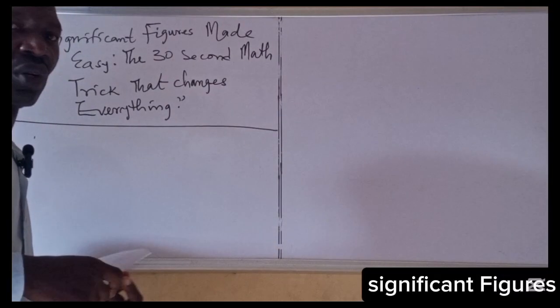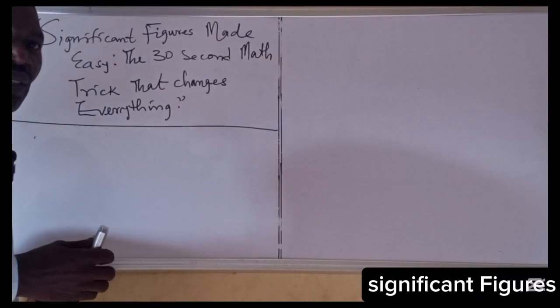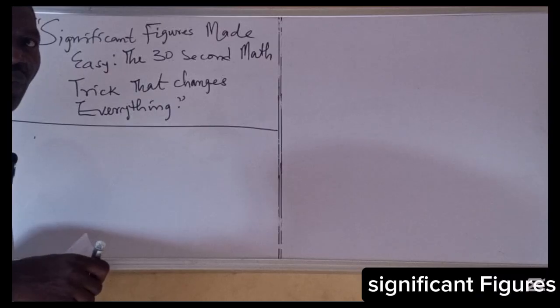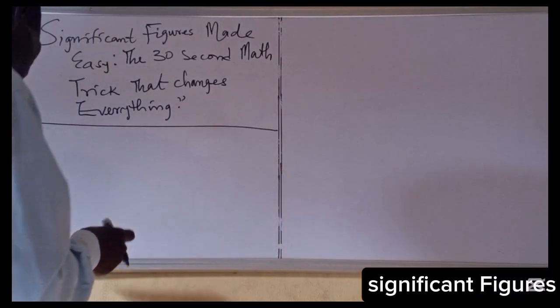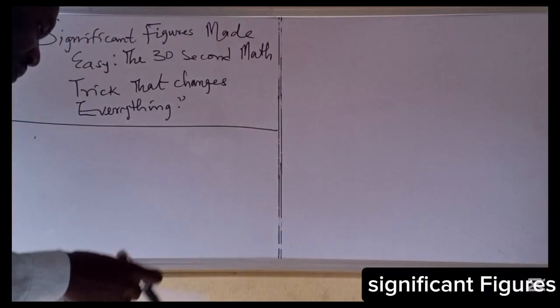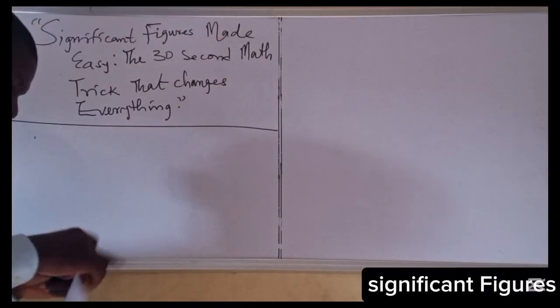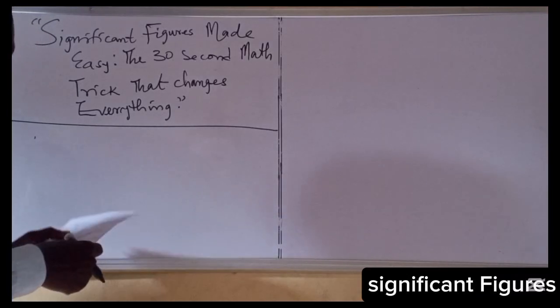The first non-zero digit is always taken as a significant figure. So now I'll be giving you some examples to buttress this.